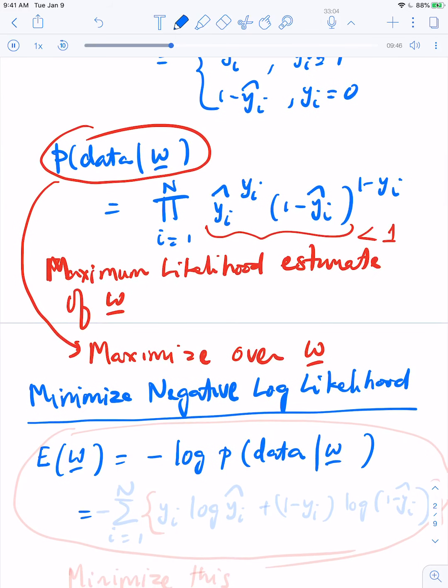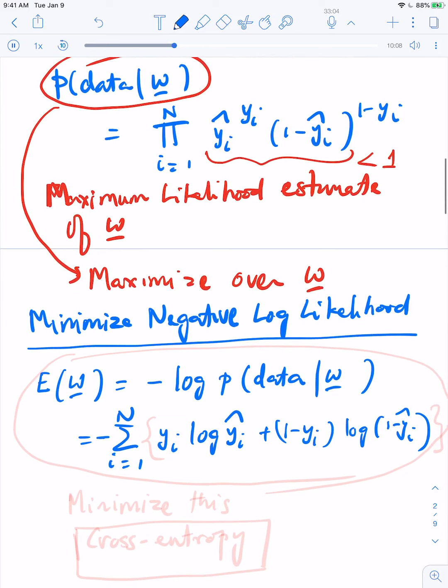And now what do I get? I get the sum from i equals 1 to n of yi log yi hat plus 1 minus yi log 1 minus yi hat, and of course there's a negative sign out front, and we are going to minimize this.